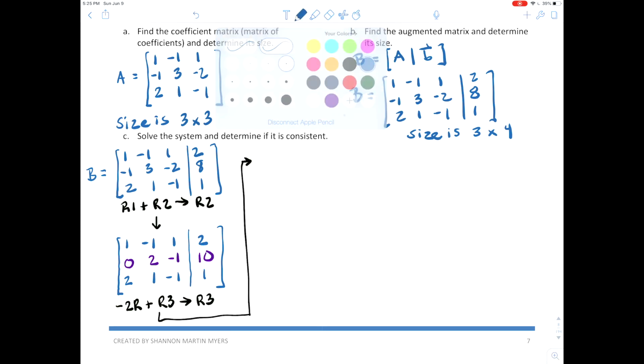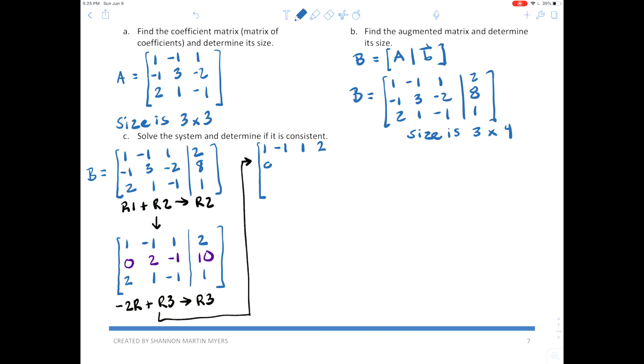So the changing row now is row 3. I'm going to rewrite rows 1 and 2 exactly as they are in this previous matrix here. So 1, -1, 1 and 2, 0, 2, -1 and 10. And then the row that's going to change now is row 3.